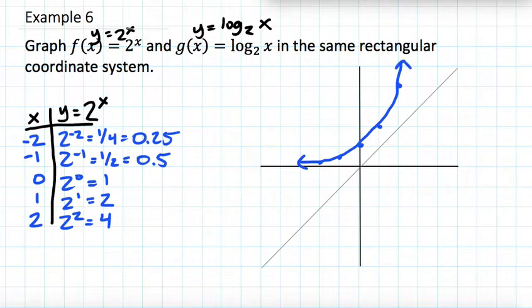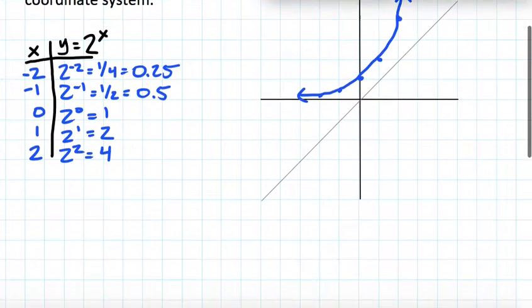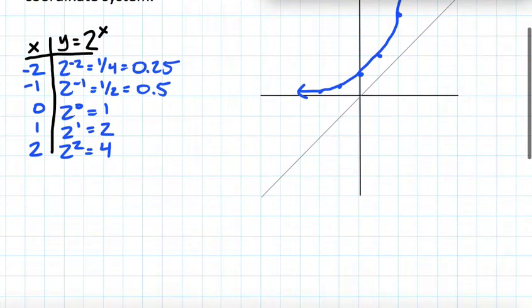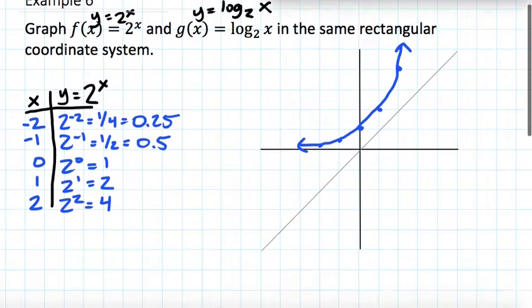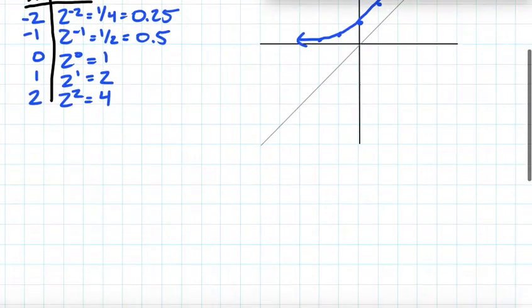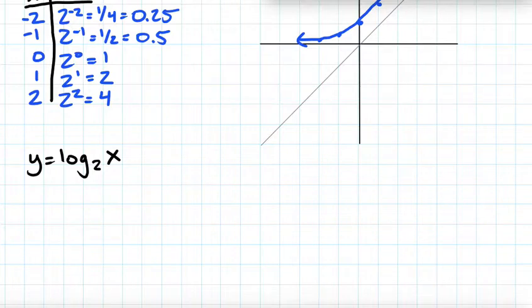So now we're going to do the log graph. For this graph, I'm using the equation y equals log base 2 of x. I'm going to rewrite this in exponential form.